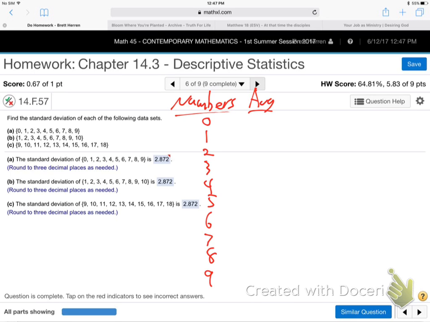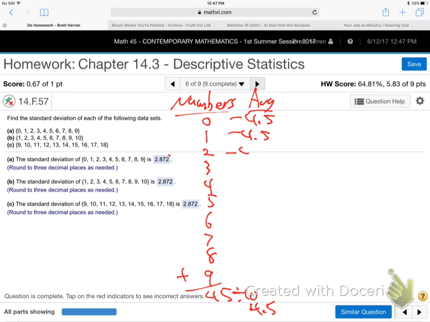The average, I'm not sure. What is the average? The sum is 45, divided by 10. Isn't 4.5 the average? Yeah, 4.5. So subtract. This is tedious.